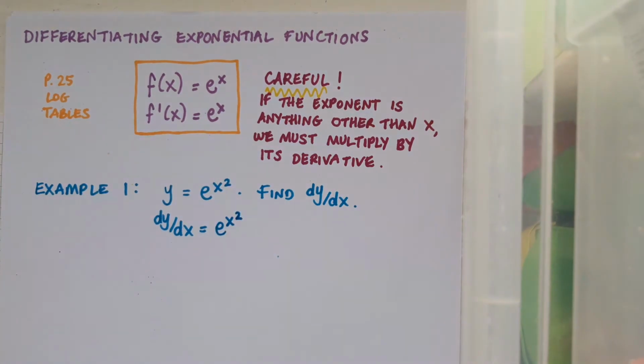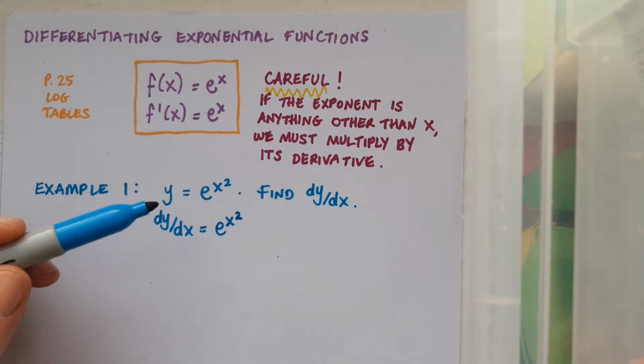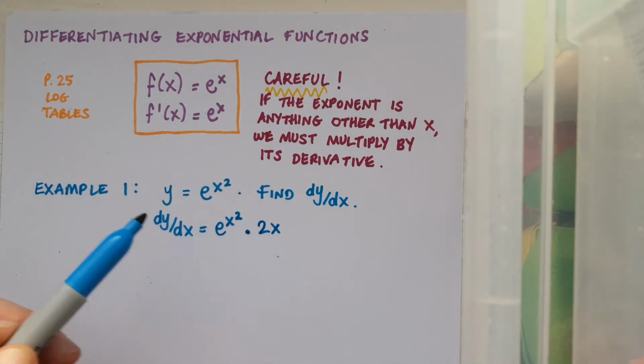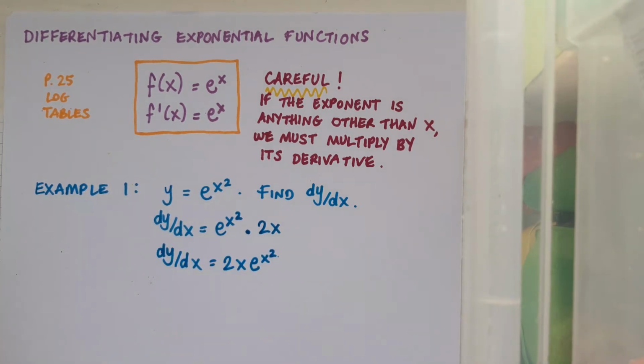So I keep that as is, but then I must take my exponent, I must differentiate it and multiply the result on the end. So I'm multiplying in this case by 2x. If you want to tidy this up a little bit, all you have to do is just put the 2x in before the e to the power, as we tend to put exponential terms at the end of a term. And that's dy dx found for e to the power of x squared.